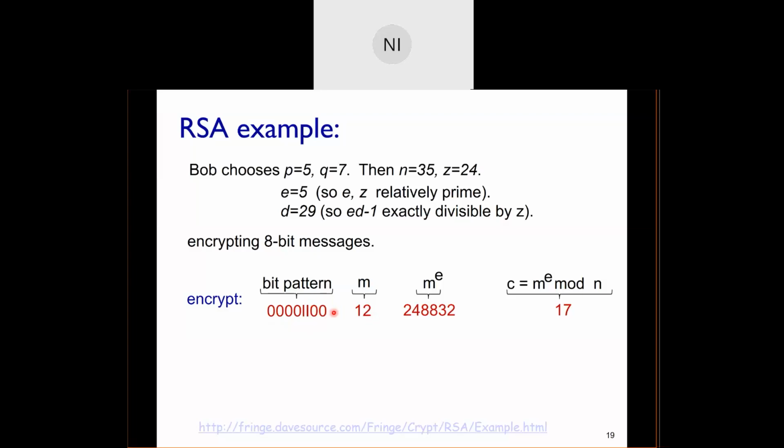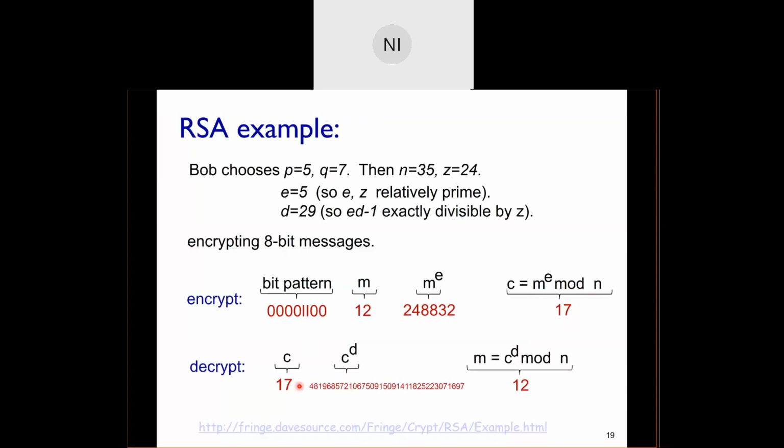When it is converted into binary pattern, it becomes 1100. When you apply the exponentiation with E, you are doing 12 to the power 5. When you do modulus with 35, you will get 17. That means Alice wants to send 12, but when it is converted into ciphertext, it became 17.